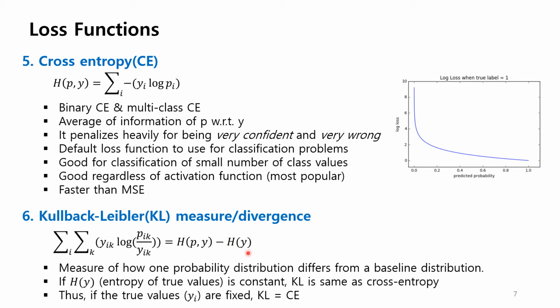So if the target value is fixed, which is true in most cases, if you use KL divergence or cross entropy, the problem is the same. The loss function is the same. But for some reason, if the target value changes, then you train the algorithm, then definitely these two are different. But that's very, very rare.